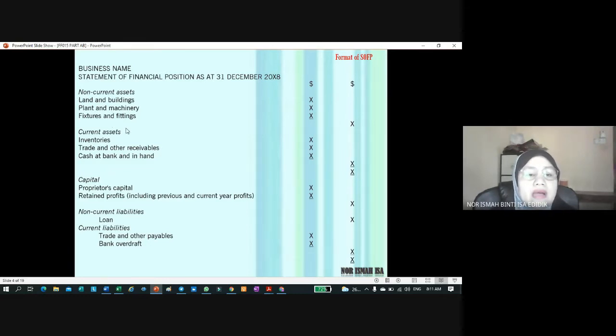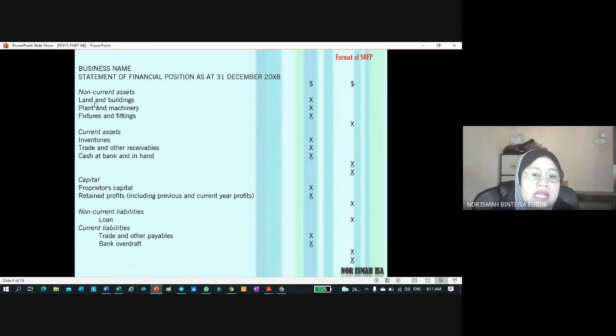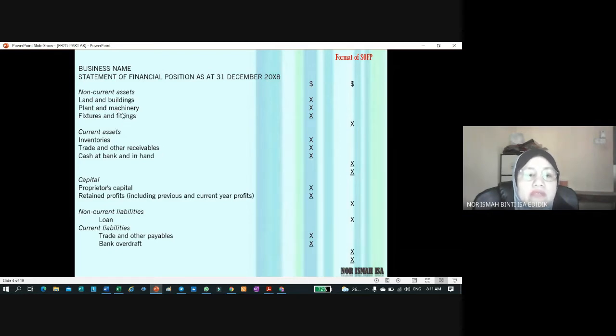And then there is another account that we call contra account. What is a contra account? A contra account is an account that will decrease the amount of another account. For example, land and building. All non-current assets except for land have a contra account, which is accumulated depreciation. As for land, dia tak ada depreciation.